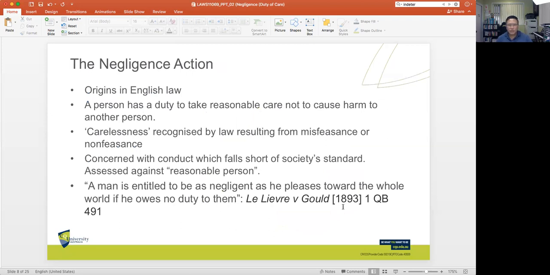We will also observe in this particular module that as far as the negligence action is concerned, its origin is in English law. And the main point about negligence action is that every person has a duty to take reasonable care not to cause harm to another person.